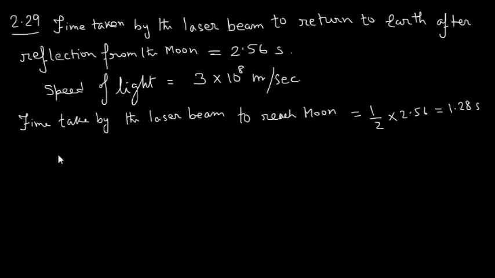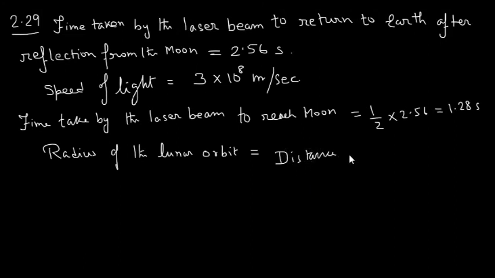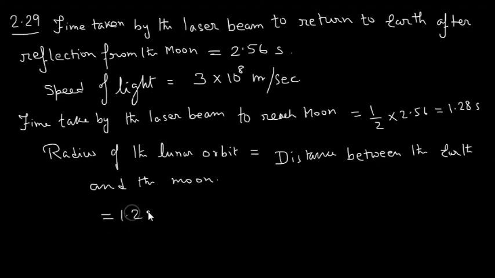Radius of the lunar orbit. Distance between the earth and the moon is equal to 1.28 multiplied by 3 multiplied by 10 to the power 8, which is equal to 3.84 multiplied by 10 to the power 8 meter.